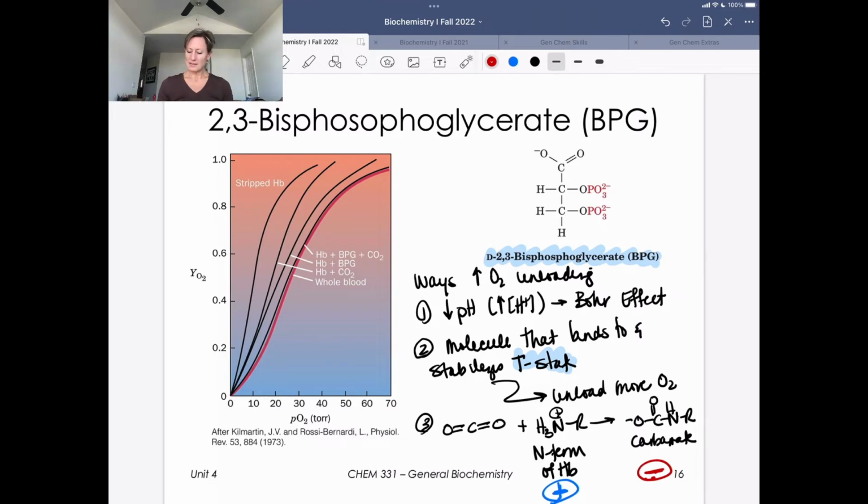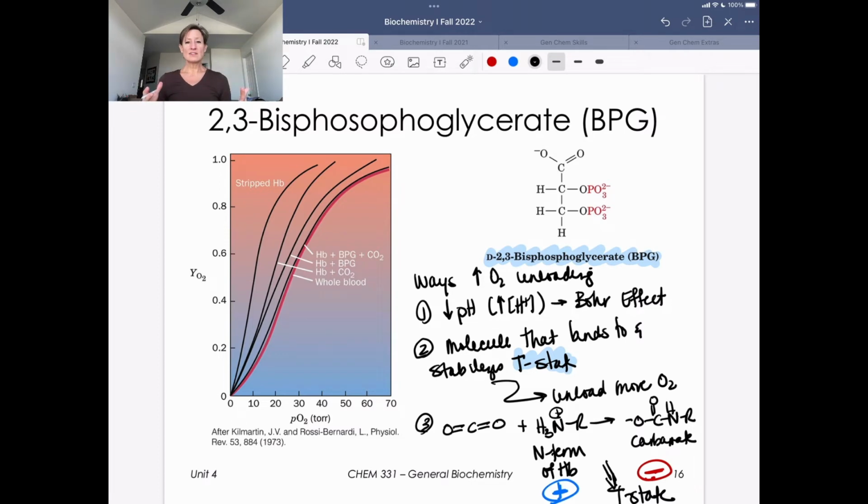And this change resembles a change in protonation state, from positive to negative. It's not a protonation state, but it changes the charge, really affects where that N-terminus wants to be, and it causes a change in the conformation such that you favor the T state. So again, this shifts to T state.